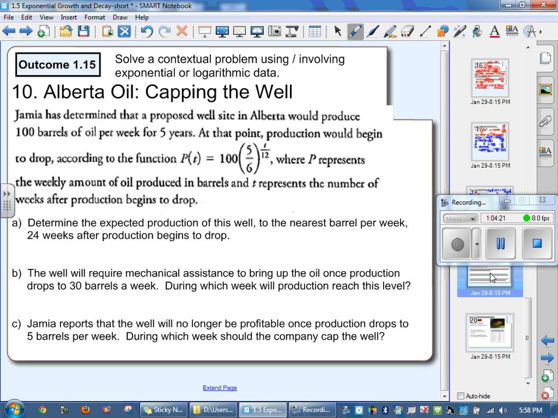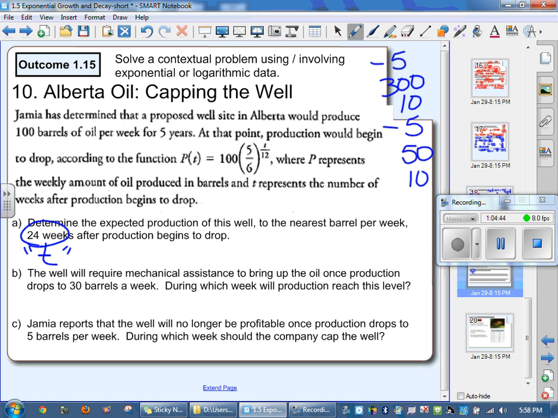When we do that, we're going to get an answer of our PT, which means the same thing as y. So PT or y is going to be equal to 69.4 repeating. So approximately 69 barrels per week.